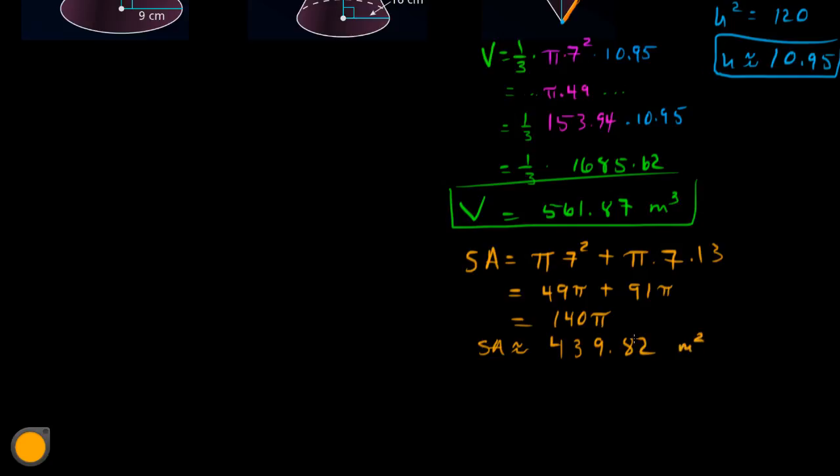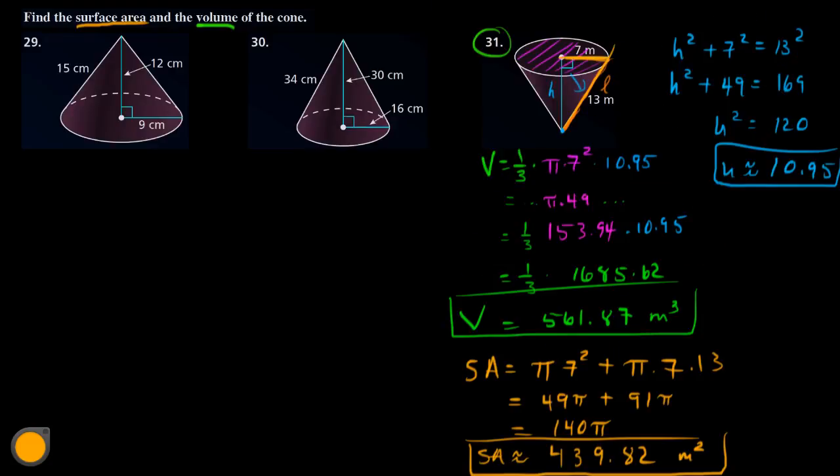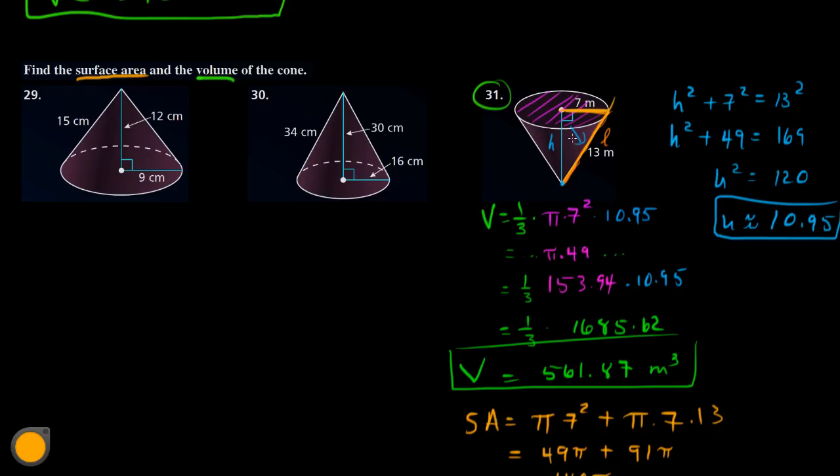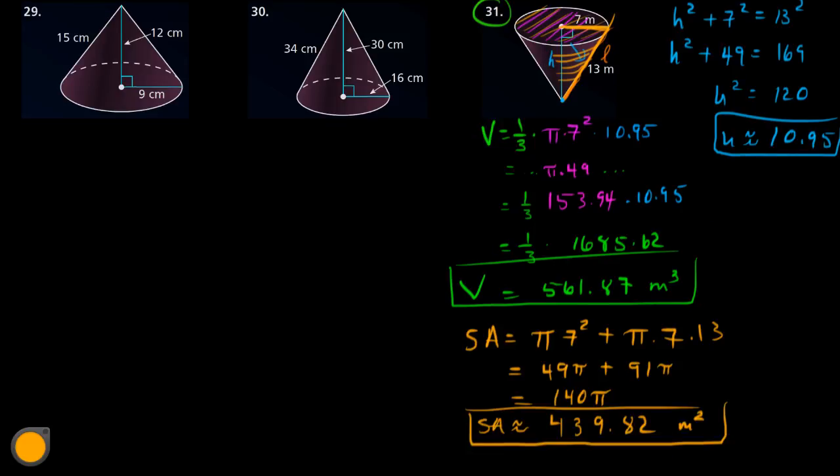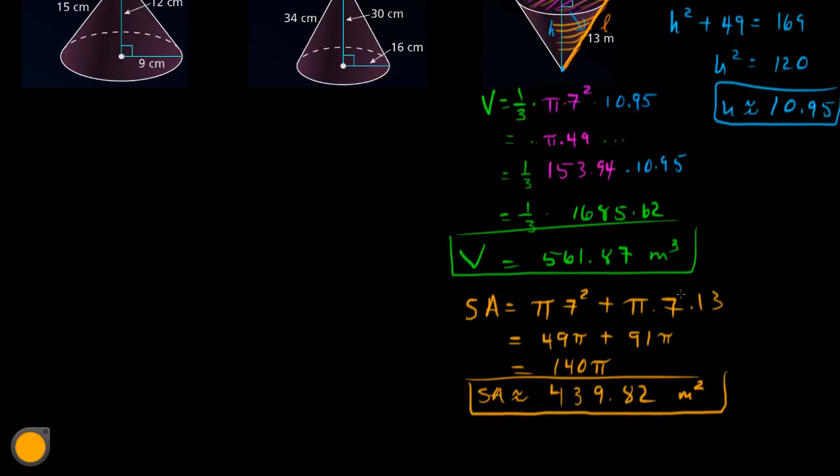So even though it's of a three-dimensional object, it's asking the question, how much wrapping paper or how much paint would it take to paint the surface of this object? That's painting the base and then painting around the lateral surface of it. So it is measured in square units, not in cubic units.